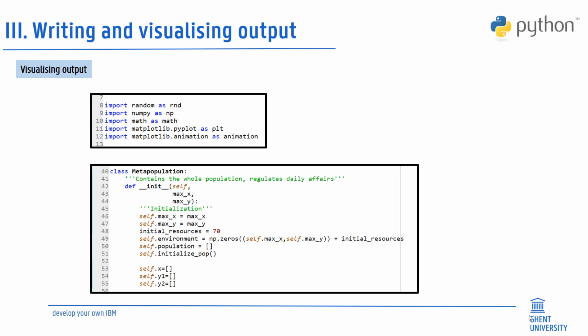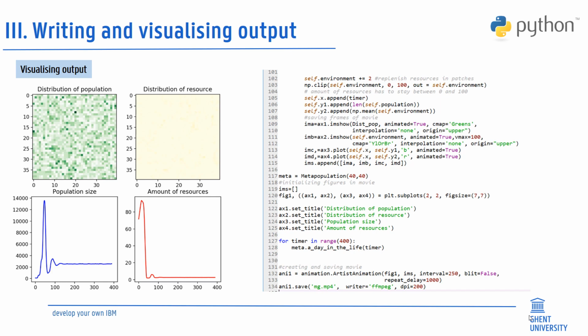After importing the library, we define new lists for data of the graphs, here the x and the two y variables. We will plot the time on the x-axis and the population size, length, self-population as one variable, and the mean resource availability as a second y variable.